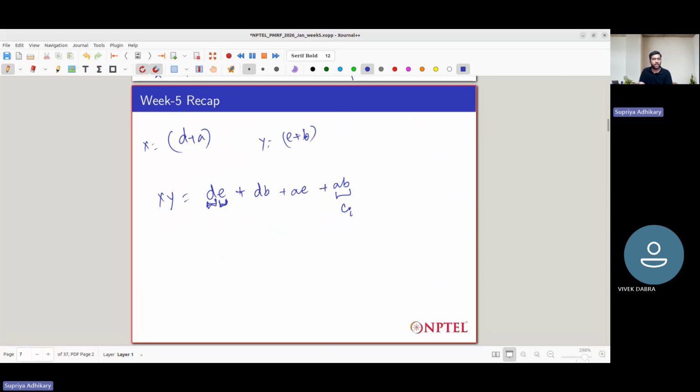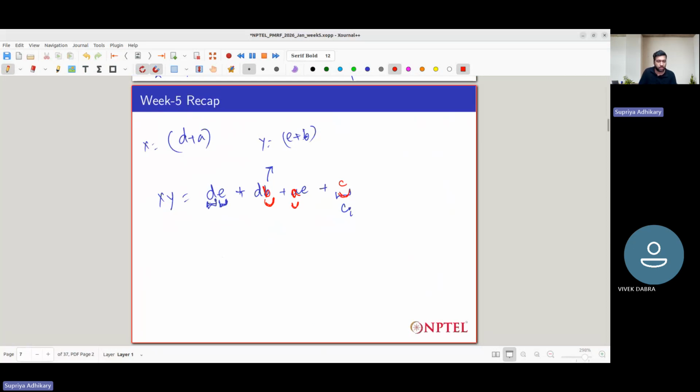So once D and E are known, the only unknowns would be B and A. AB is also unknown, but this can be written as C. So now you can see that we already have the shares for A, shares for B, and the shares for C. And DE, so all of these values are known to us.